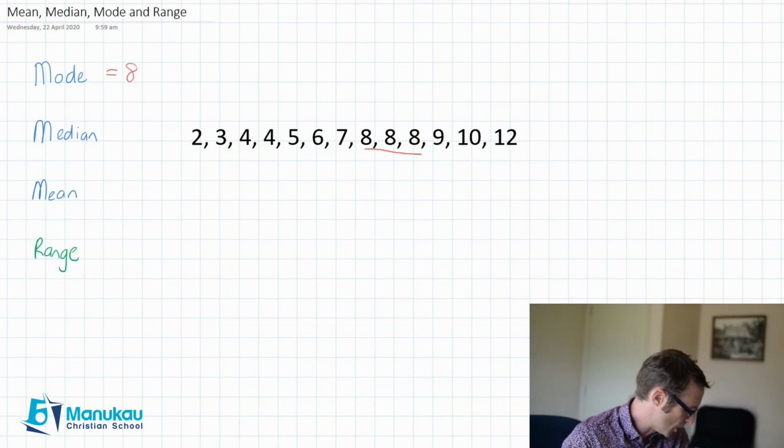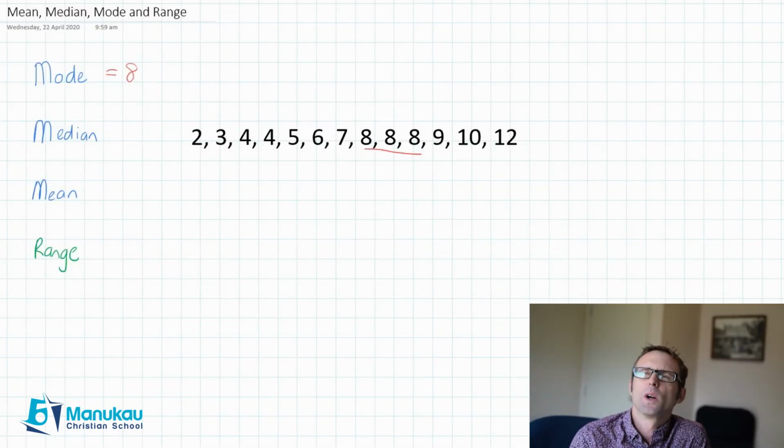Now, the thing about the mode is it's generally not useful in a small amount of data. Sometimes you can have more than one mode. For instance, if we had 3 4s with this data, we'd have a mode of 4 and 8. One thing it might be useful for would be if you owned a store and you were trying to reorder some shirts, with sizes from extra small through to extra large.